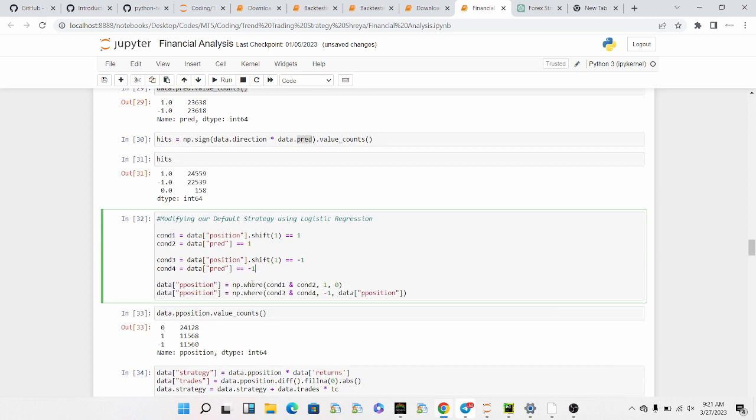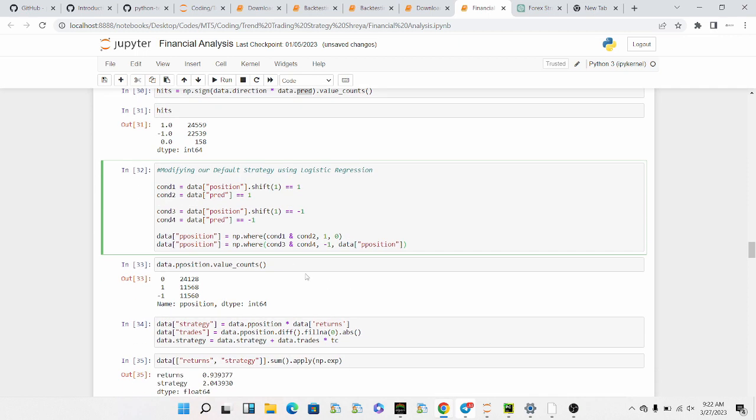Where condition 1 and condition 2 are equal to these values here, we want to go into a buy position. Otherwise we go into a neutral position. And where the sell conditions were also equal to -1, we want to go into a sell position. Otherwise we want to hold our previous position here.